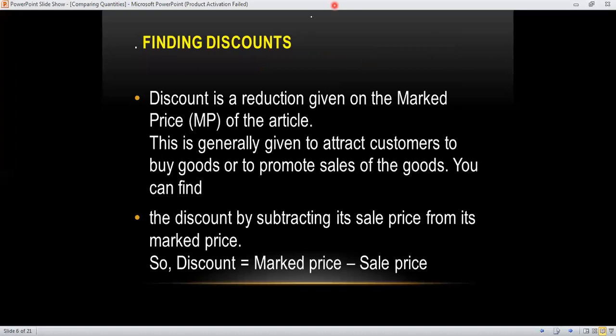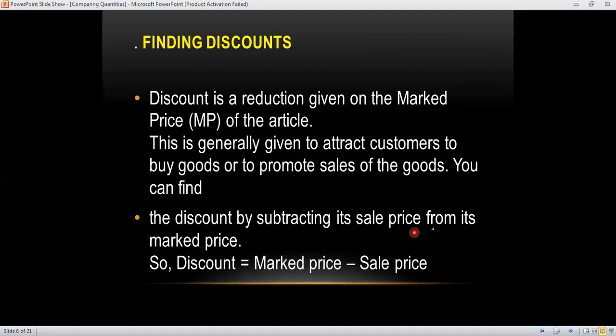Now finding discounts. How can we find discount? Discount is a reduction given on the marked price, MP, of the article. This is generally given to attract customers to buy goods or to promote sales of the goods.